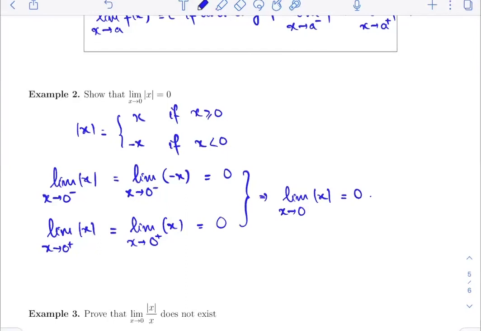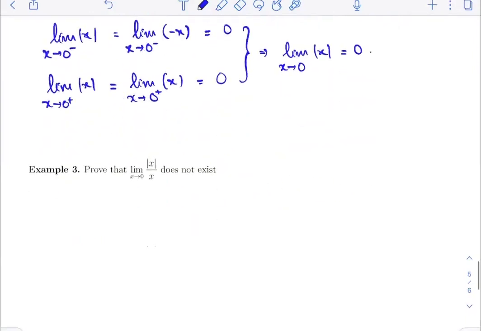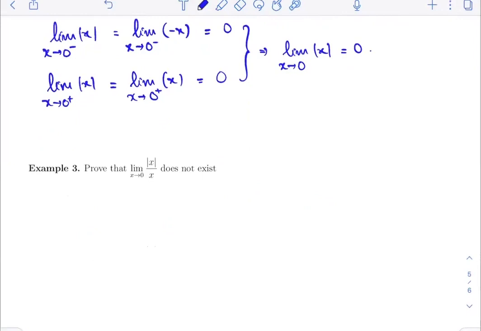Now, moving on to the next example, we're going to apply a similar idea: the limit of the function exists if and only if the left-hand limit equals the right-hand limit and they are equal to the same value. For this function, you have absolute value of x over x. You remember from the previous example, absolute value of x is a piecewise defined function, so it breaks down into two different parts.